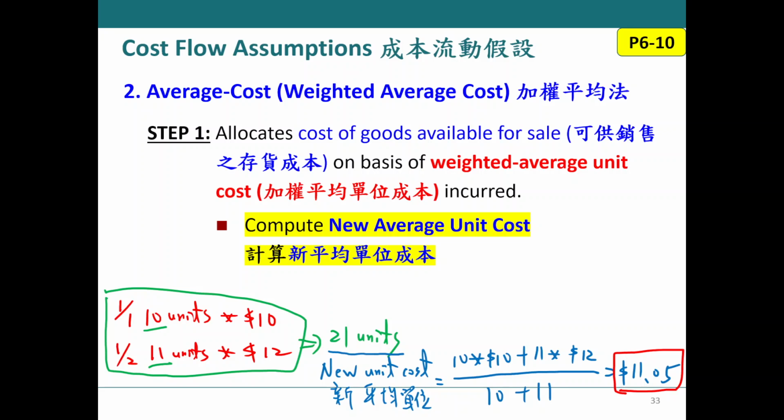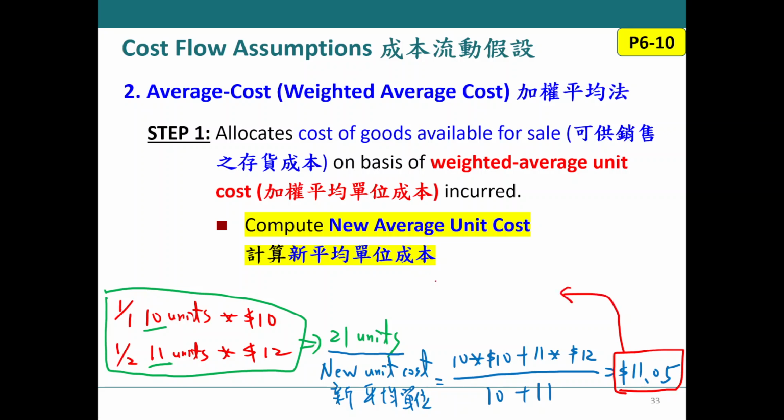No problem? So after this, since they become one inventory, 21 units, unit cost 11.05, right? So we use that number to figure out our cost of goods sold and our cost of ending inventory.